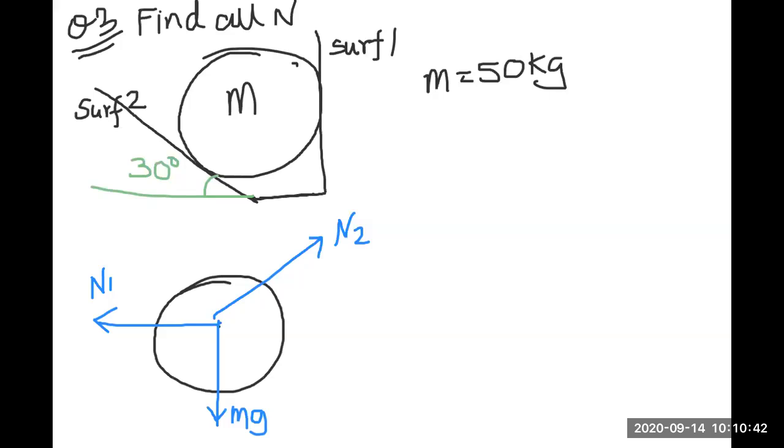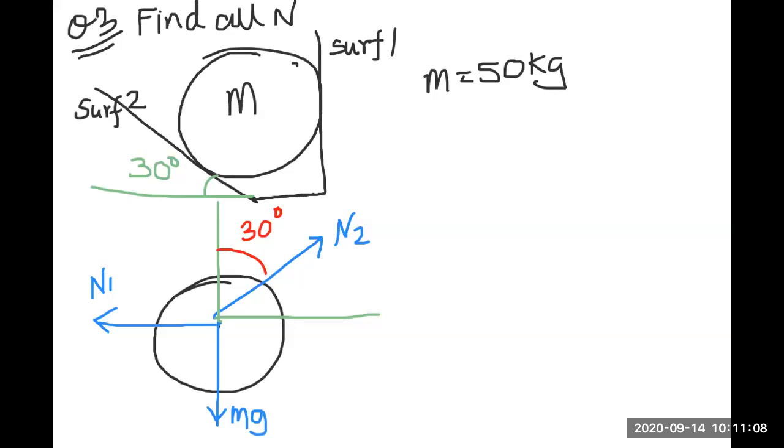mg की वजह से vertically downward force होती है और surfaces की वजह से normal reaction perpendicular to the surfaces होती है. Then choosing a coordinate axis, finding the angles, which I have already showed you the shortcut for.